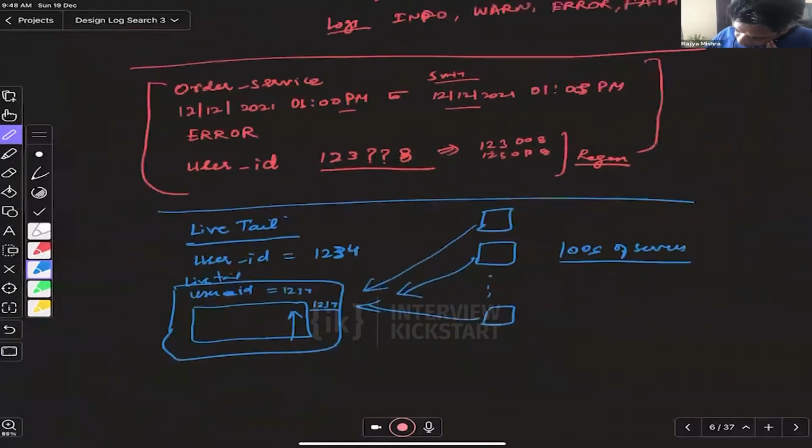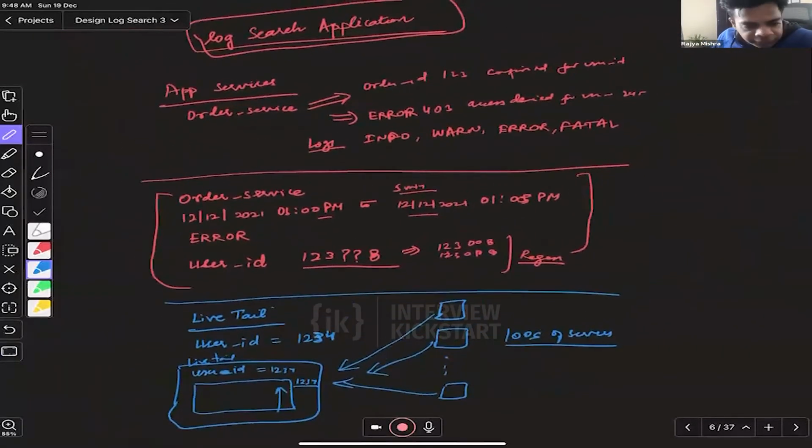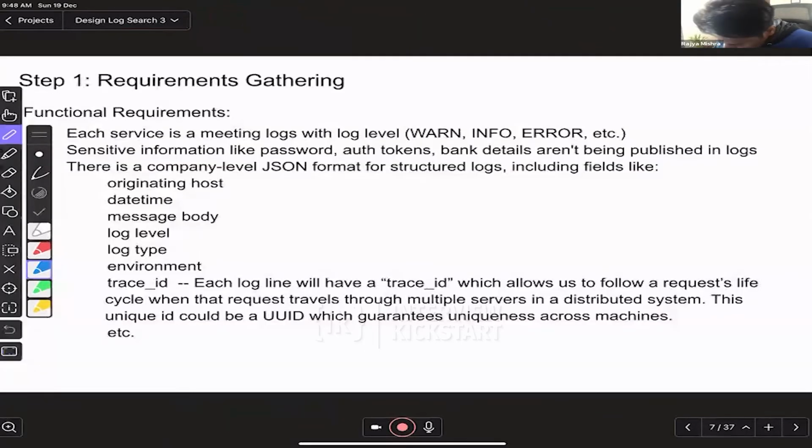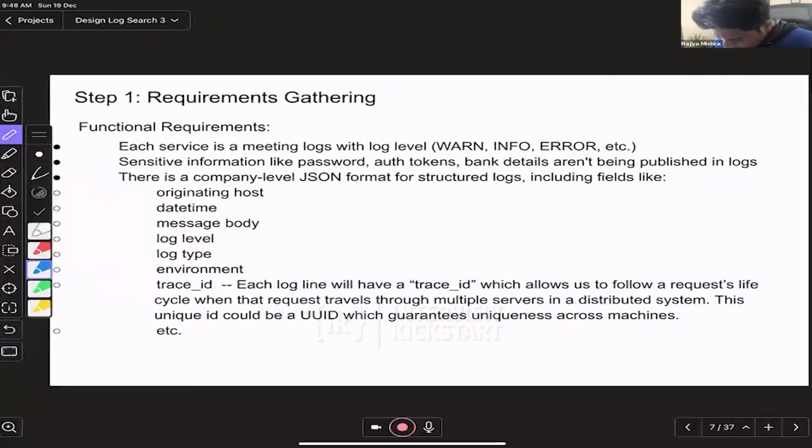Right. Okay, so we do have some kind of fair understanding of this log search application. Yeah, so let's look at the functional requirements.